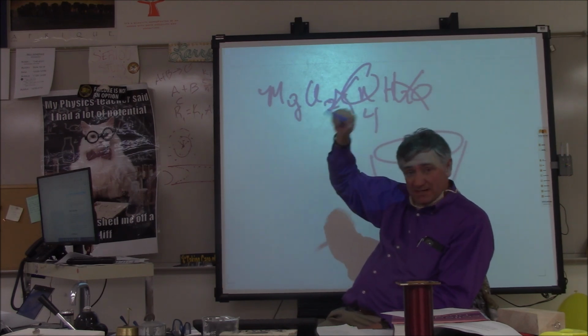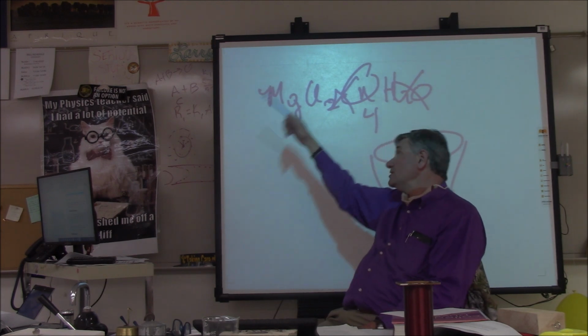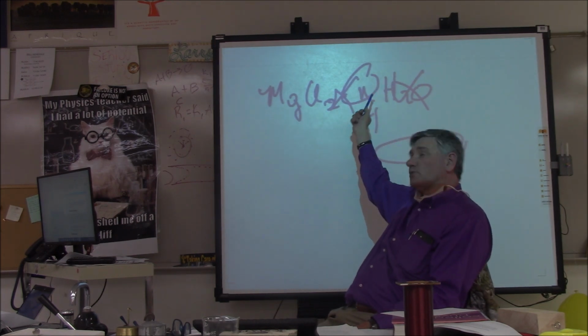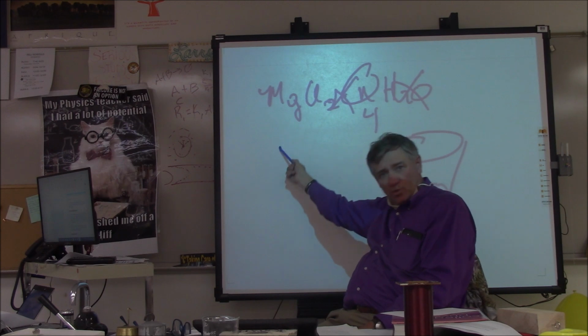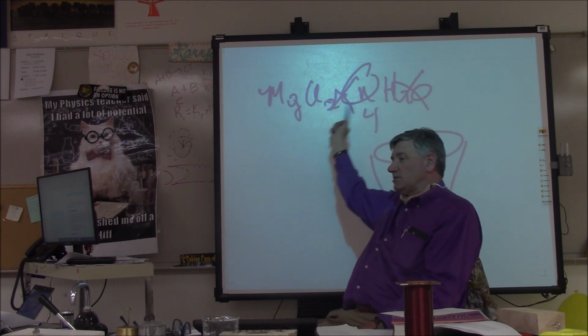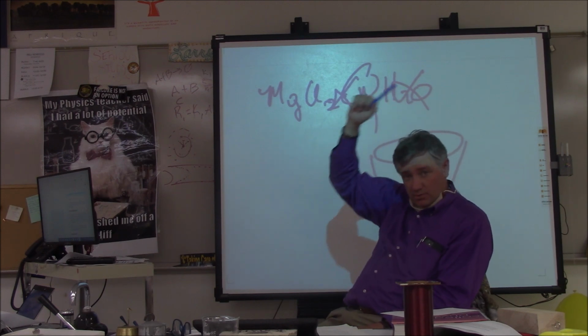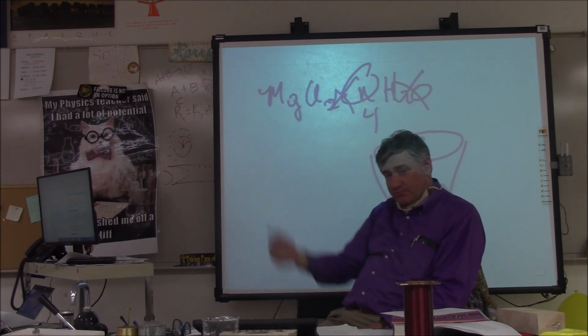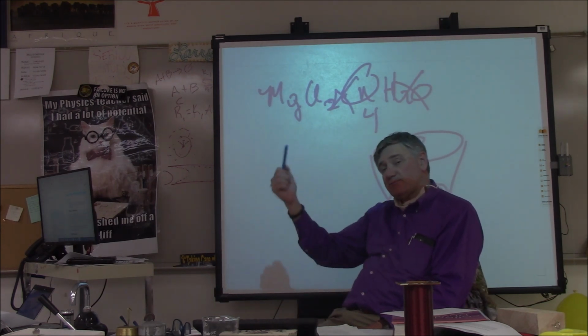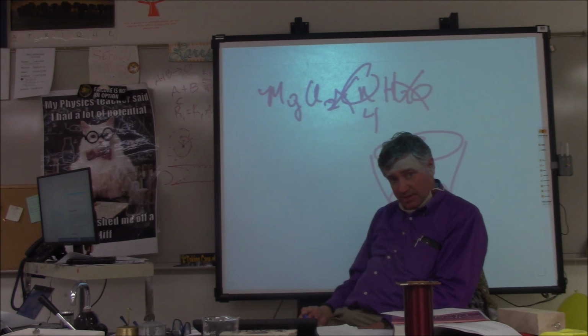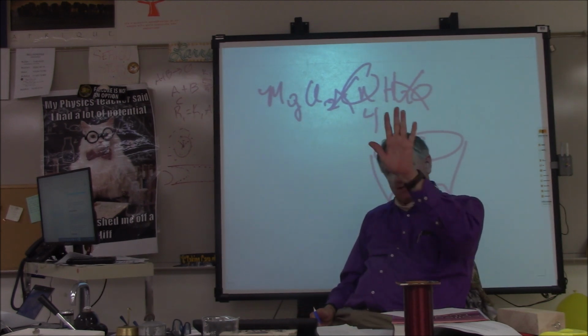But it is not a ratio of mass. If this is 4, that doesn't mean you have 4 grams of water to every 1 gram of magnesium chloride. It's either a ratio of moles or a ratio of particles, but not a ratio of mass. Keep that in mind as you work through the problem.